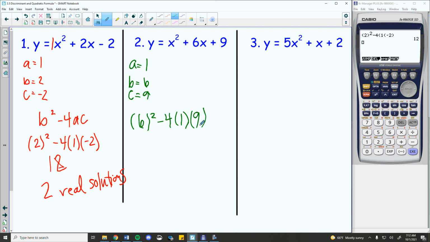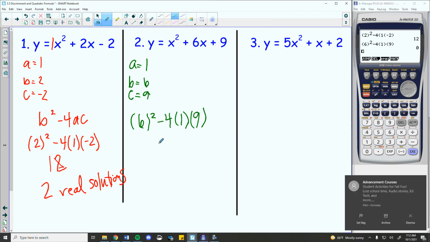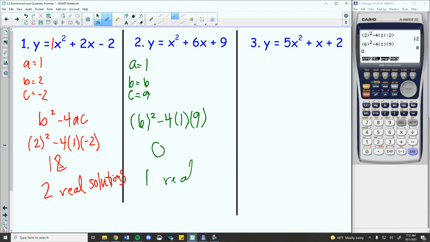If I type that whole thing in my calculator, I would have parentheses 6 squared minus 4 times 1 times 9, and that would give me 0. Getting 0 as an answer does not mean that I have no solutions. It means that I have one real solution. So one real solution is all I got on that one.